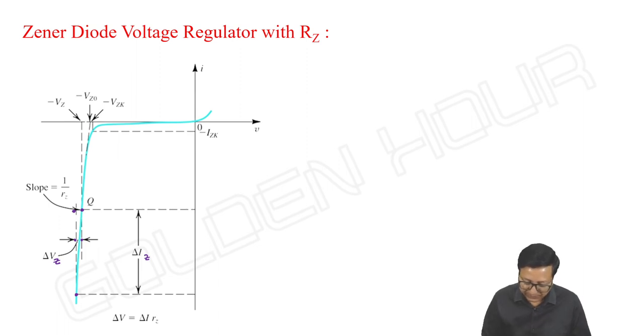Okay. Here this is one Q point. Q1 is equal to V1 and IZ1 or I1, anything we can write. And this is another point. Actually, this is another Q point, I can say. It is V2 and the corresponding current is I2.